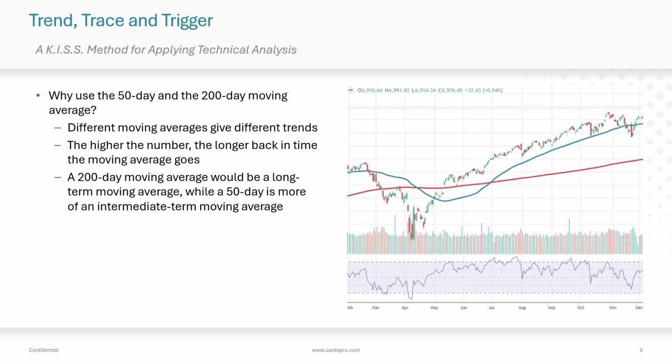So when I have 2 moving averages here, I'm just going to call it long-term, short-term. Okay. There's people who will incorporate a 20-day on top of this 50 and a 200. Now you've got short-term, intermediate-term, long-term. So again, for the sake of this, we're going short-term, long-term. I use blue for the 50-day moving average on all these charts, and I use red for the 200-day on all these charts.